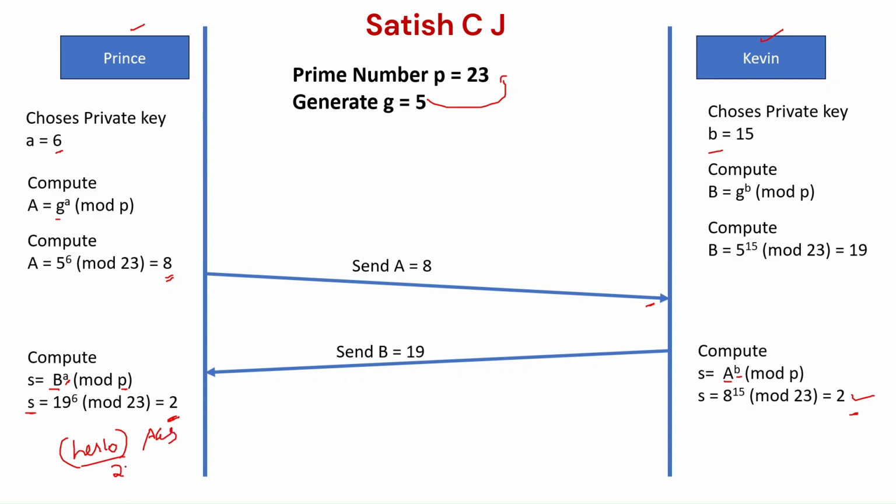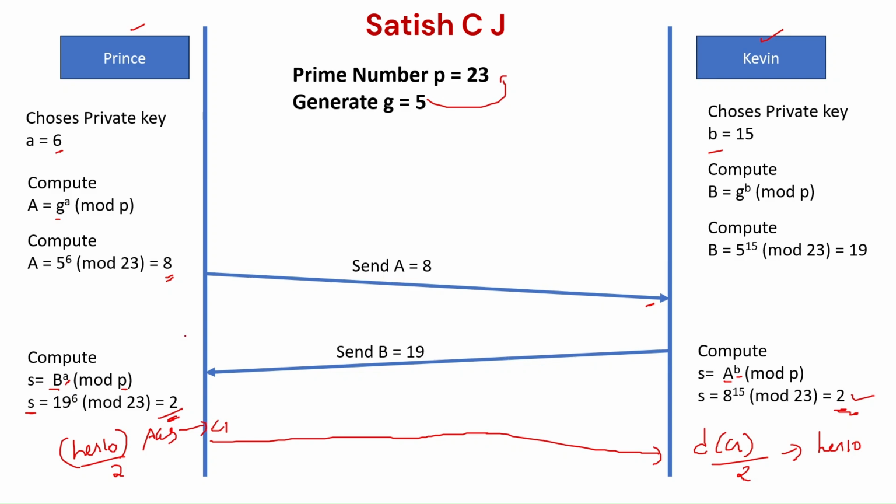The key used here is 2, and this will lead to C1, the ciphertext, and he will transmit this ciphertext to Kevin. Kevin can decrypt this ciphertext because he has got the same shared secret key 2, so he's going to use that key to decrypt and get the message hello. Generating the shared secret key, so both parties having the same key on both ends, is achieved using the Diffie-Hellman Key Exchange process, and that's how it happens.